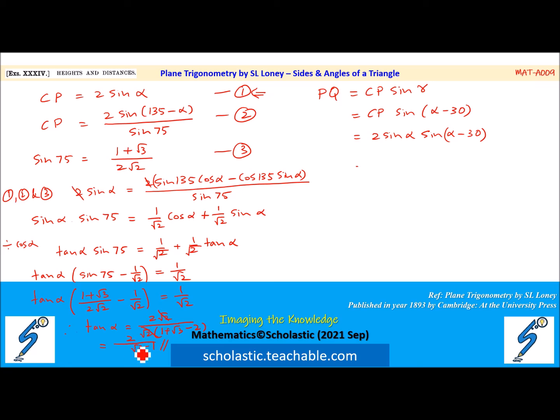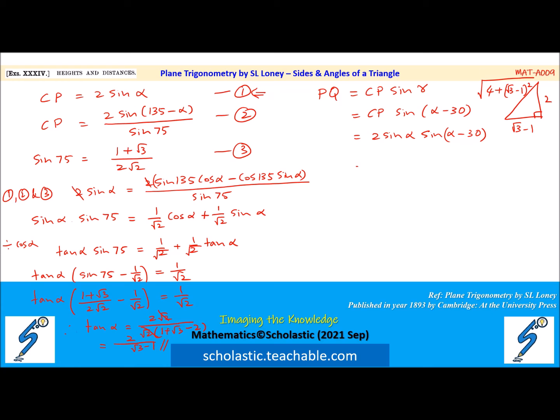So once you know tan alpha, we can write sine and cos alpha, so we can use the Pythagoras theorem here. So this is 2 and root 3 minus 1, so the hypotenuse equals the square root of 2 squared, 4, plus (root 3 minus 1) squared.